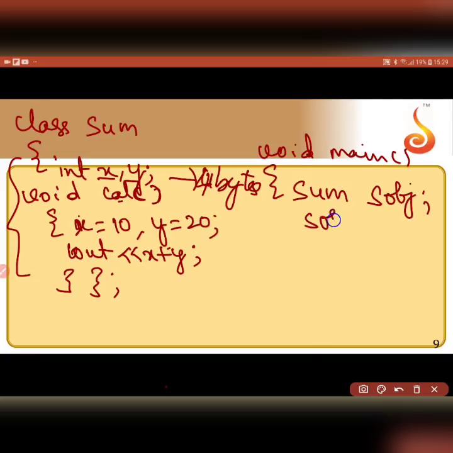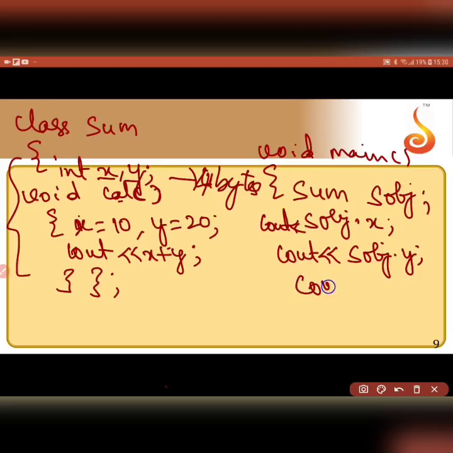So, sobj dot x. See, if I write cout sobj dot x, cout sobj dot y, and cout sobj dot cal, here I am just printing the value of the data.